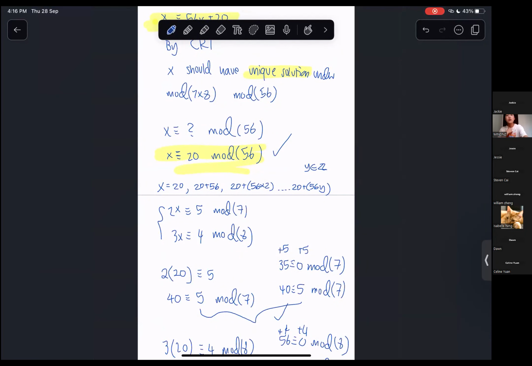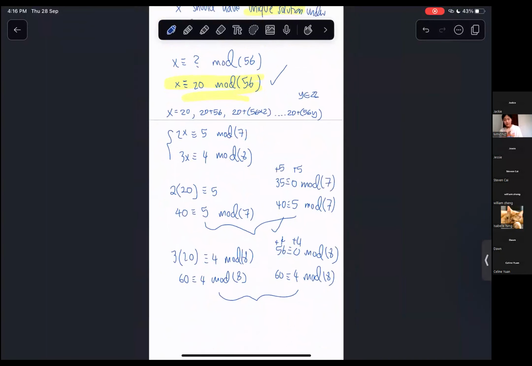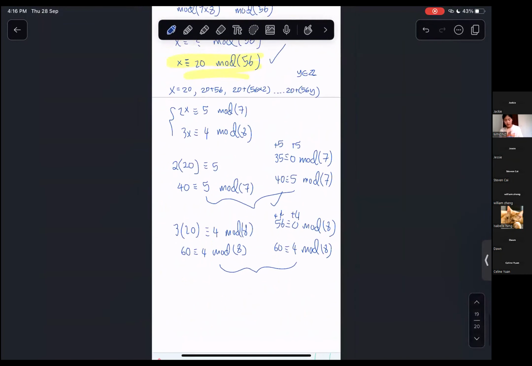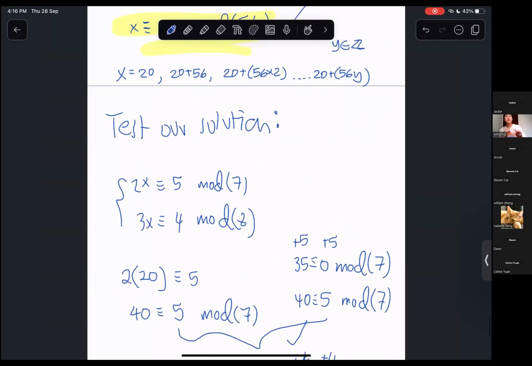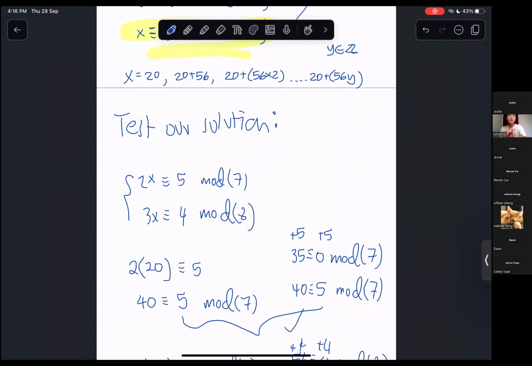I can definitely send out the notes after class, but just in terms of what we talked about, does everyone sort of understand how we've gone from what we had before into this? So this is just testing our solution. It's not compulsory, but it could be really good if you're dealing with a lot of numbers and a lot of equations.